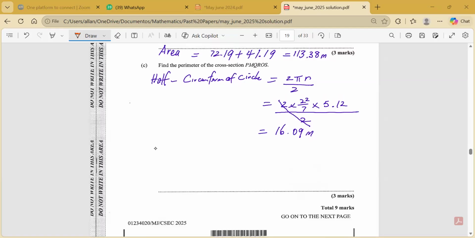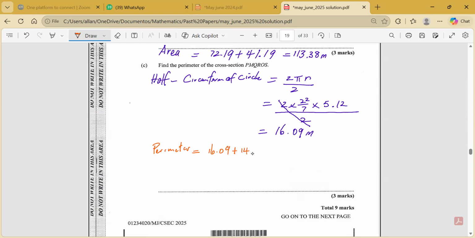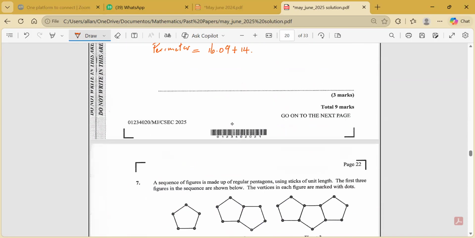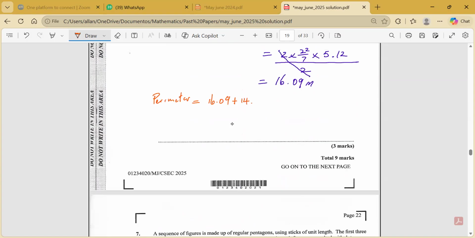So the perimeter, using the 16.09 plus the 14.1. I didn't write that, I just put 28.2.